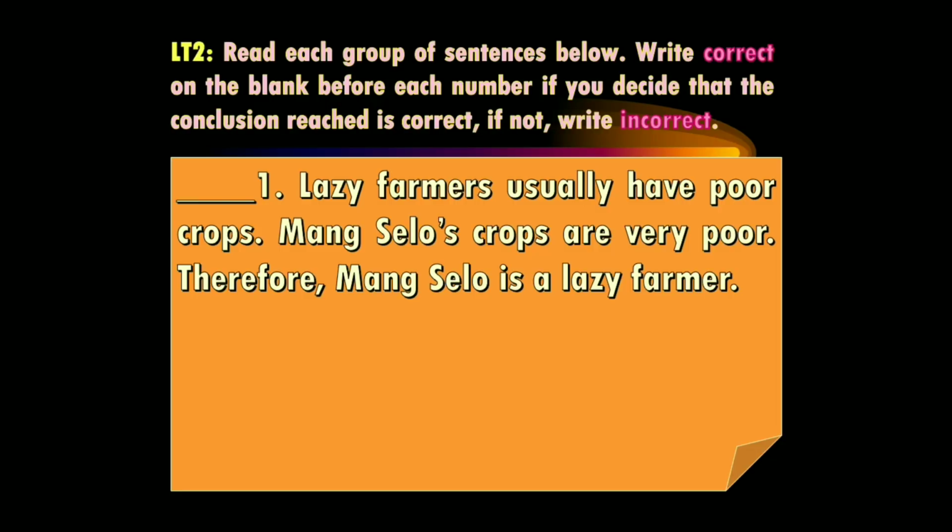Okay, so let's see the answer. Yes, it's incorrect. Why? It is because the idea presented is not enough to support that Mangcelo is a lazy farmer. As we all know, either directly or indirectly, very poor crops usually are caused by environmental stress, right?